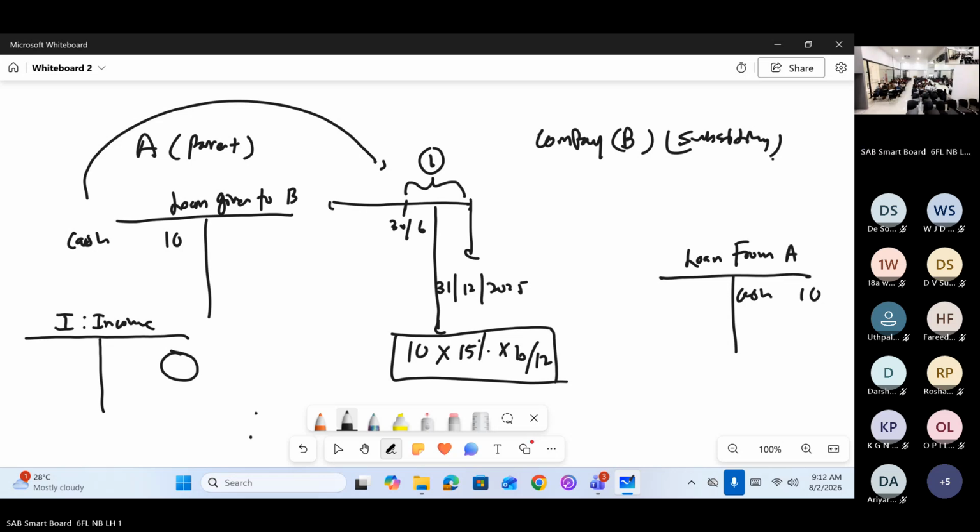How much? 0.75. 0.75 means 750,000. Right? 750,000 credit here, debit here.